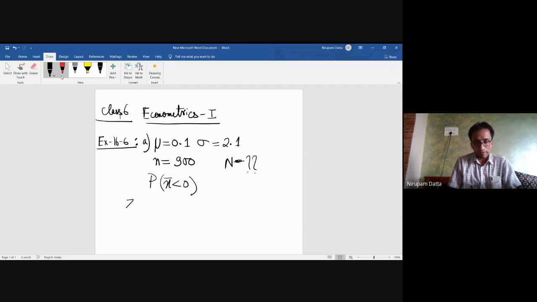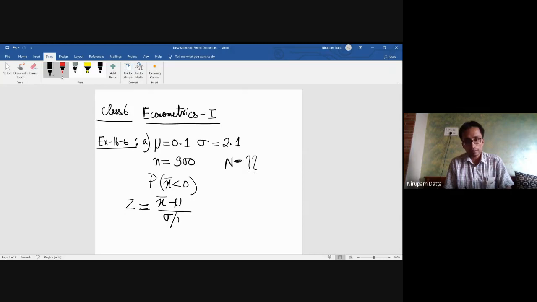We will be using a standardized normal variable, that is x bar minus mu by sigma by root n. According to the central limit theorem, as n becomes very large, this standardized variable tends to be asymptotically normal, with mean 0 and variance 1.